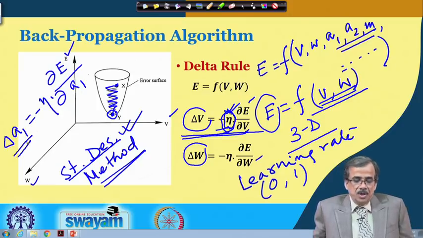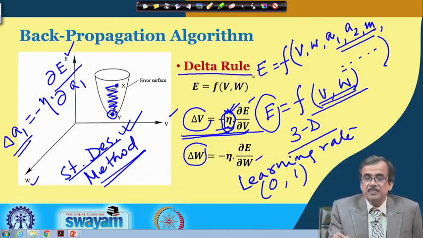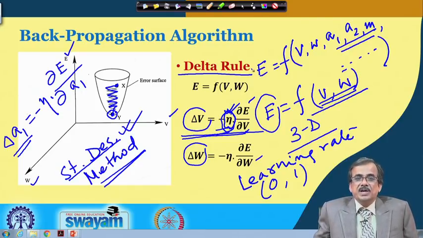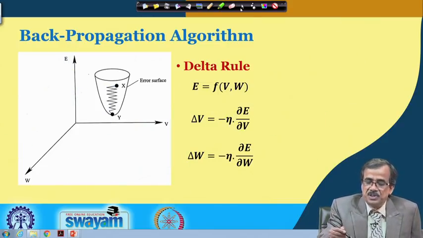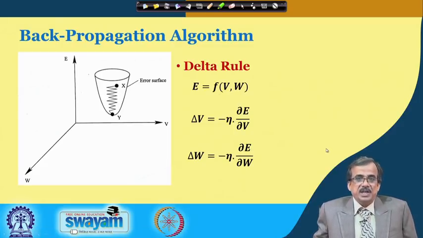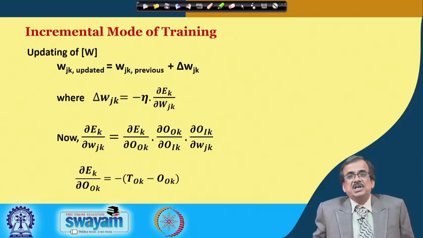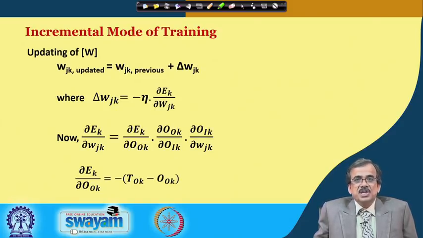This is the way we can implement this delta rule to find the updated values for the connecting weights and the coefficients. Now, I will be discussing all such things in detail mathematically. We will see how to determine these updated values with the help of some mode of training, and those things will be discussed in detail. Thank you.